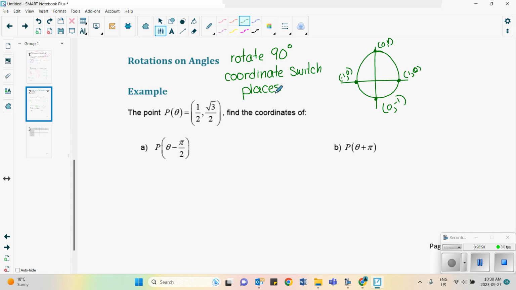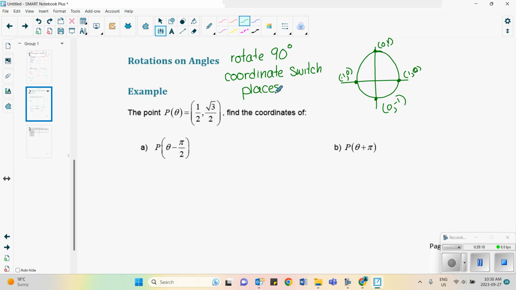That's 135. So that is 3 pi over 4. And if it has a denominator of 4, it's just my root 2 over 2. But again, I'm in quadrant 2, so it's going to be a negative root 2 over 2. And then my last one here, if that has a denominator of 3, this has to have a denominator of 6.